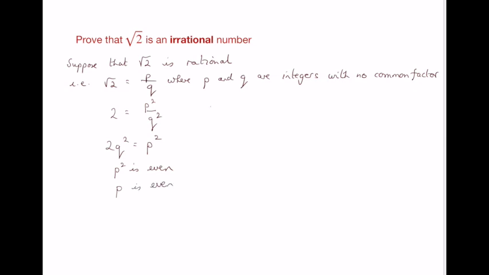That means that, I'll go back up here, that p is 2r, where r is an integer. It's twice something. Now we had in this line 2q squared equals p squared, so 2q squared is 2r all squared, which is 4r squared.